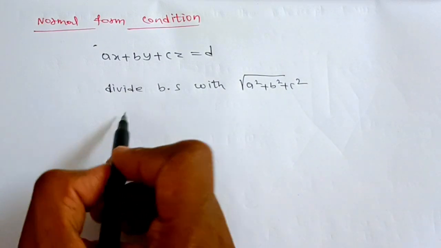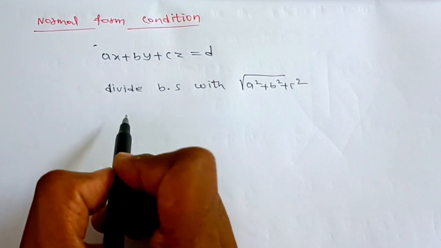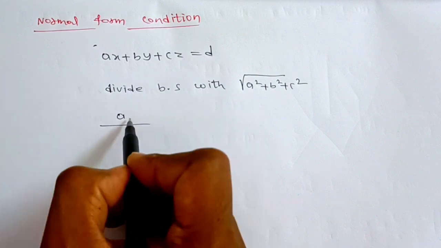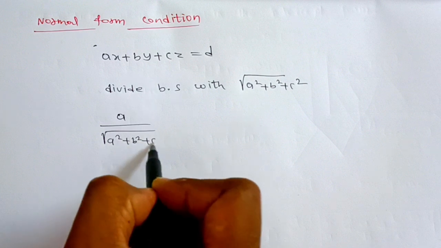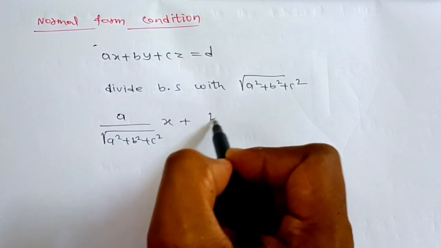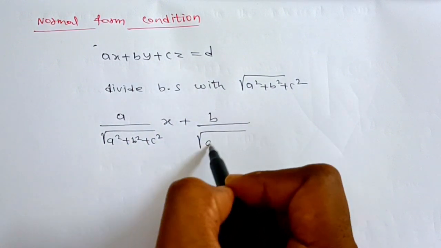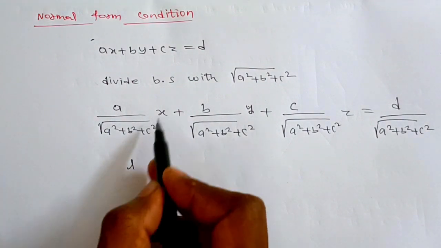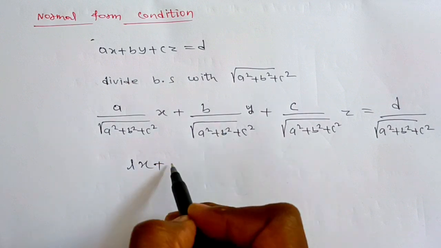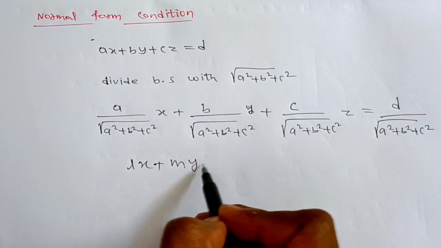So the given plane becomes a by under root a square plus b square plus c square into x plus b by under root a square plus b square plus c square into y plus c by under root a square plus b square plus c square into z equals p, where a by root is l, b by root is m, and c by root is n.